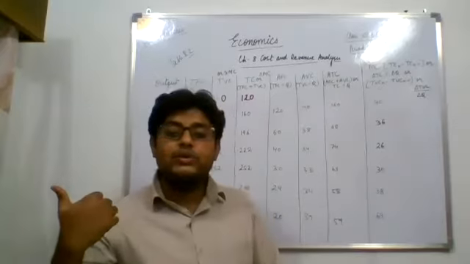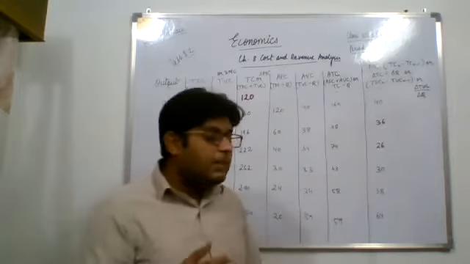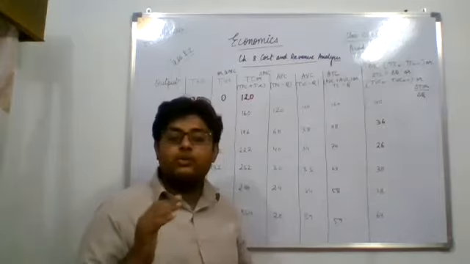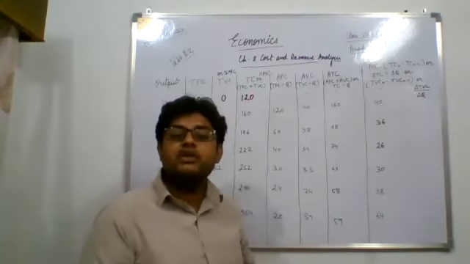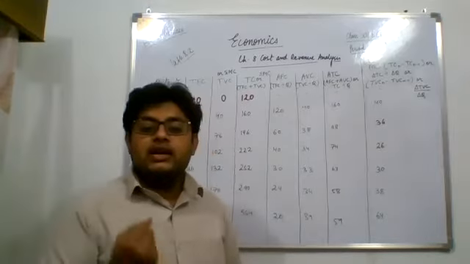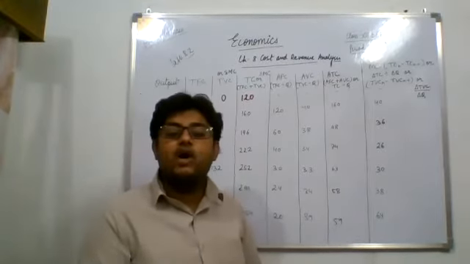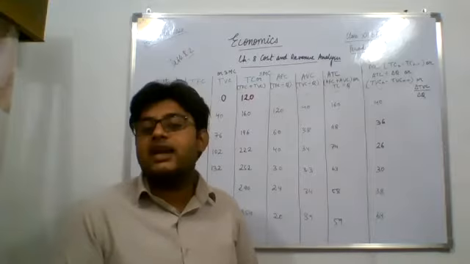Like in total utility, what was marginal utility showing? Marginal utility was showing that when the consumer was consuming one more additional unit of a commodity, how much additional satisfaction, that is, how much additional total utility he was getting.